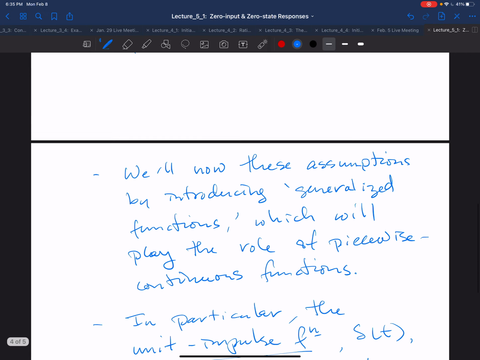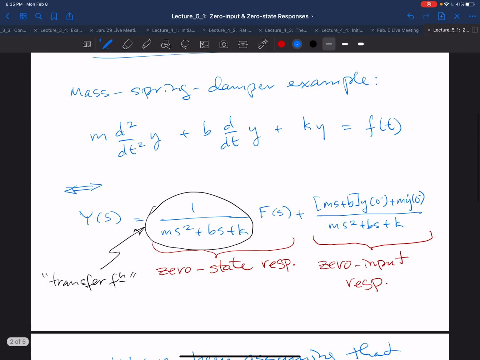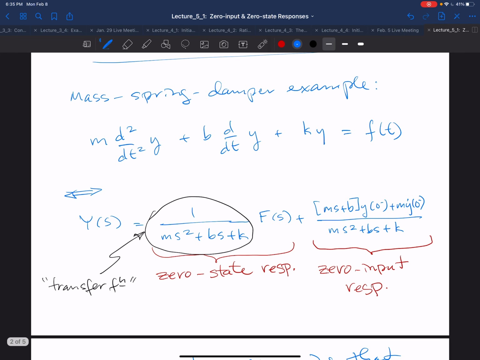So to sum up, going back to our first slide, we've been solving these initial value problems by making these assumptions that our functions and all but their highest order derivatives are continuous. We're now going to be able to relax that by introducing so-called generalized functions.